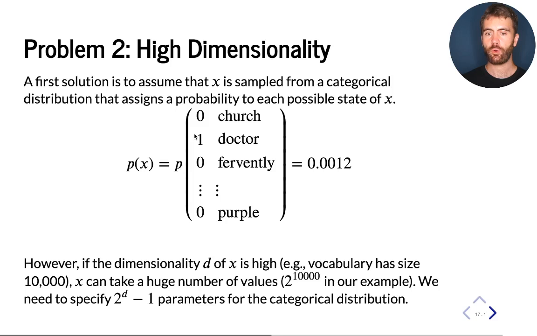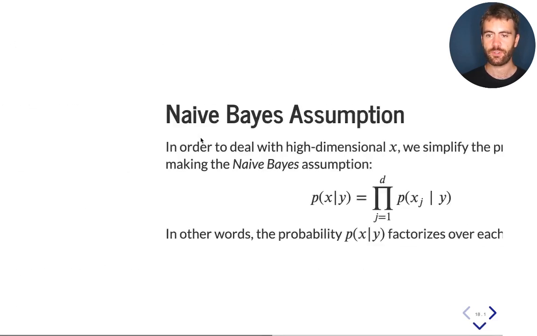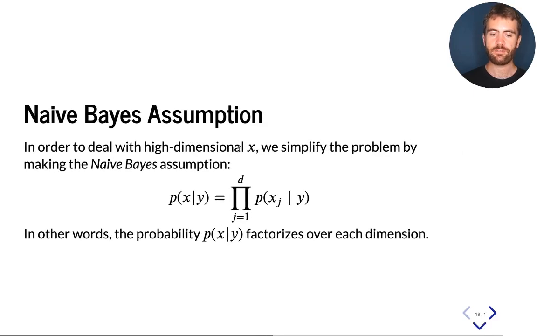And if we're using the naive Bayes assumption, then the probability of having 0 here is going to be the same regardless of whether we have a 1 or a 0 at the second position. So this is called the naive Bayes assumption, and it's a really important assumption that's used in many applications of machine learning, and typically these kinds of algorithms that use this assumption are called variants of naive Bayes.